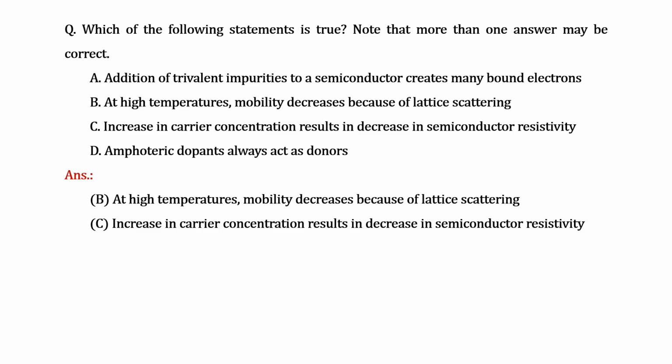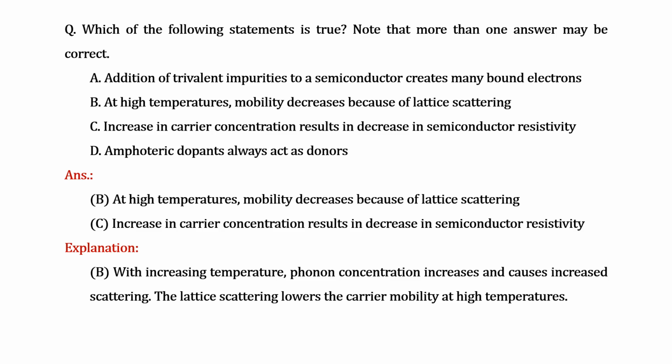Okay, we'll see the answers now. So the answers are options B and C. One is, at high temperatures, mobility decreases because of lattice scattering. Whenever we increase temperature, heat generation takes place, which results in phonons, and as a result more carriers will be created.